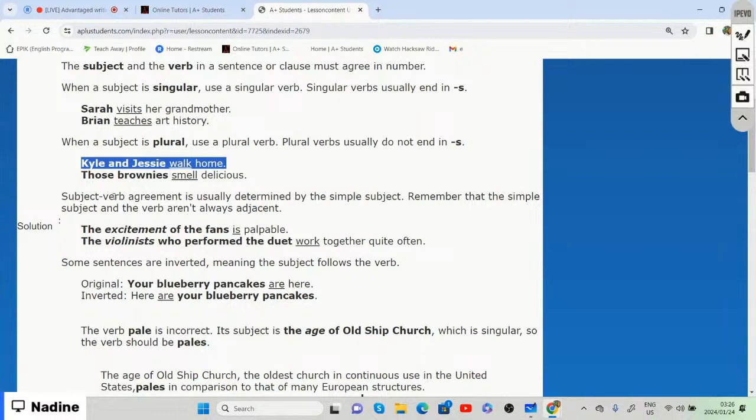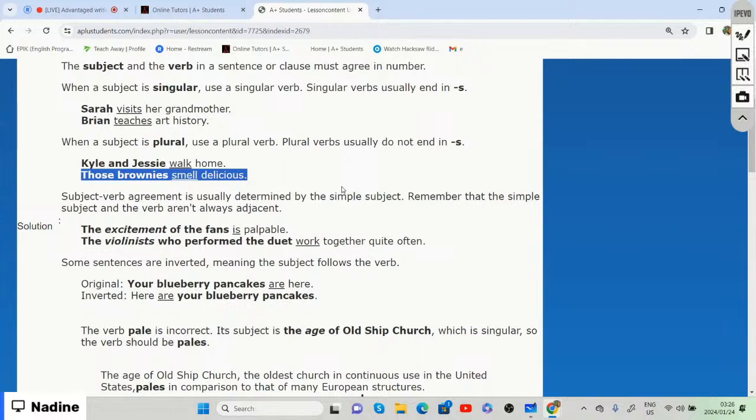The same with the second one. Those brownies smell delicious. And we say the subject-verb agreement is usually determined by the simple subject.